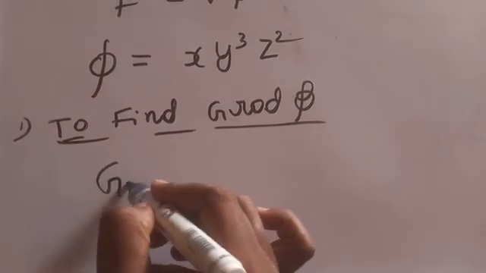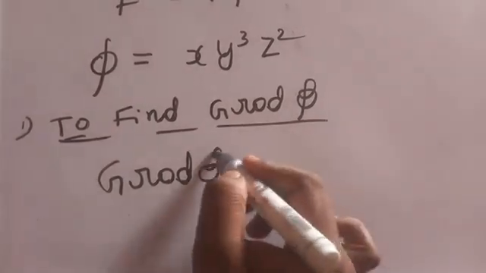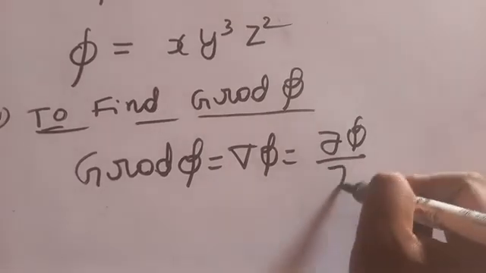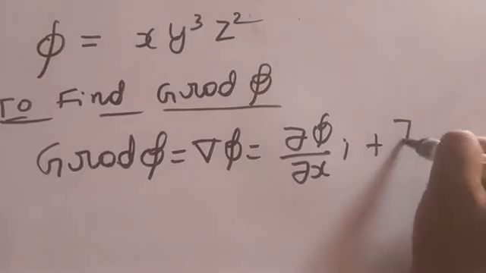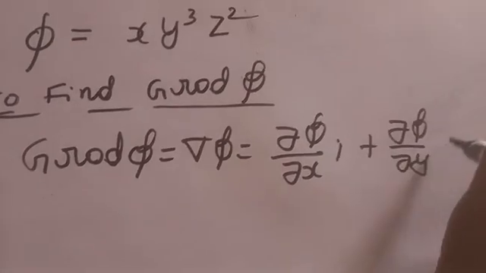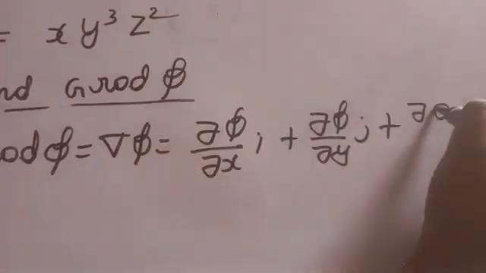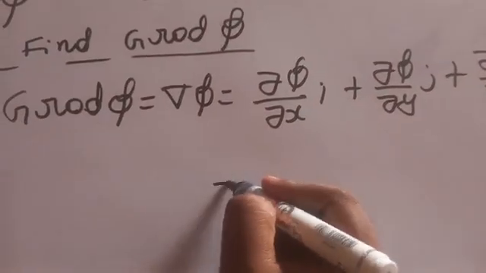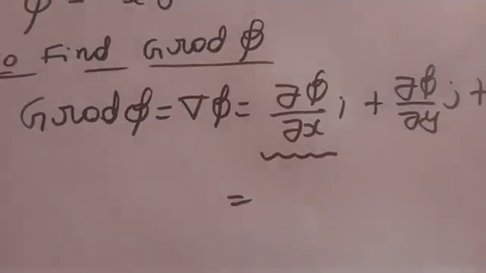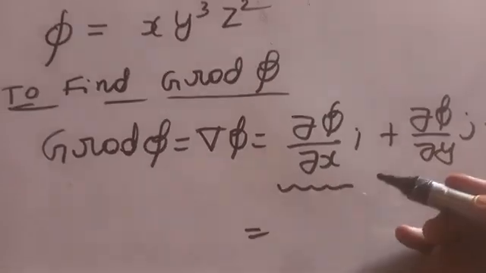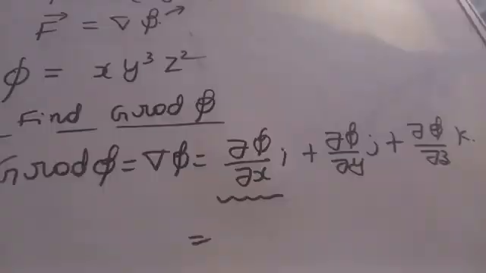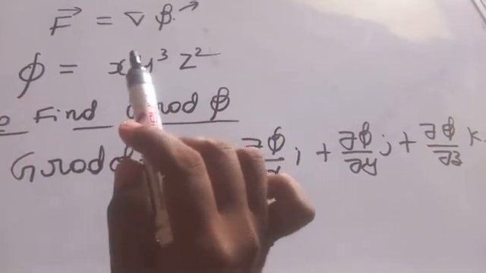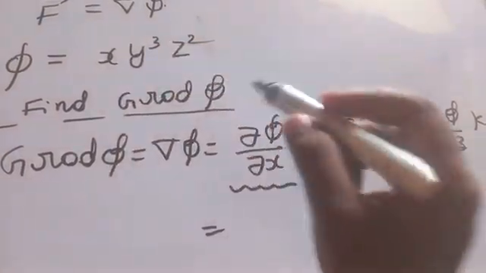So first you have to find grad phi. The gradient of phi, del phi, is equal to ∂phi/∂x i plus ∂phi/∂y j plus ∂phi/∂z k. First, differentiate phi partially with respect to x, keeping the other variables constant.